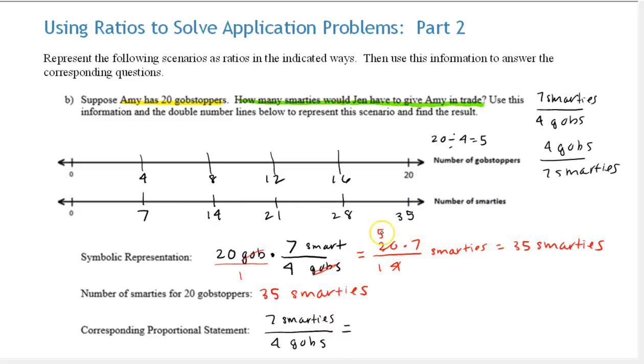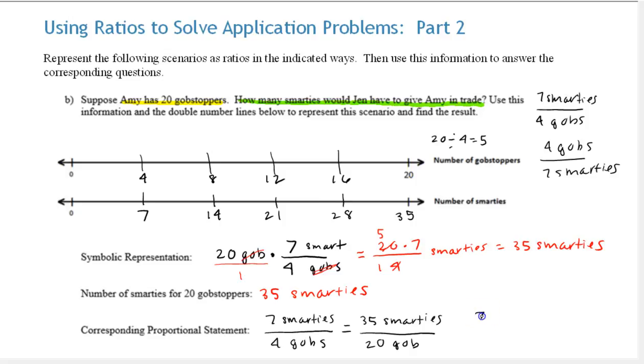And this corresponded to 35 Smarties over 20 Gobstoppers. Okay, so the reason I said this isn't the only proportional statement, notice if we reciprocate both of these, the proportion will still be equal. But I wrote it in this way in particular, even though the other way wouldn't be wrong because we used this ratio for our conversion.